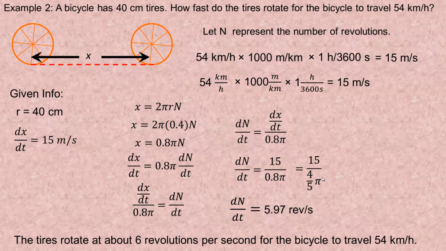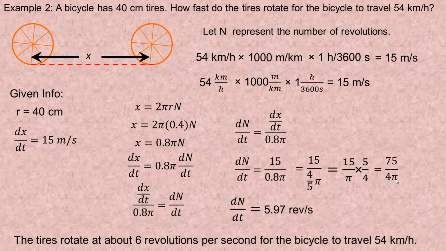So we could simplify this as 15 over pi times the reciprocal of this fraction. If you wanted to leave the pi with that, you could, but you don't have to. The reciprocal of 4/5 is 5/4. And you see 15 times 5 in the numerator is 75, and 4 times pi is 4 pi in the bottom.